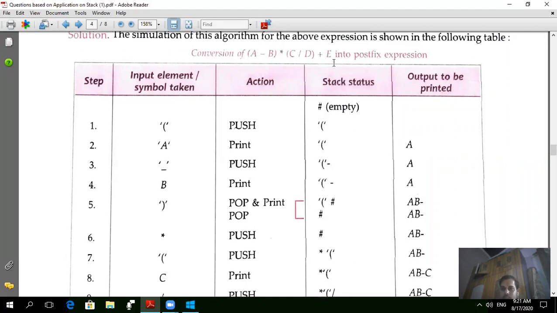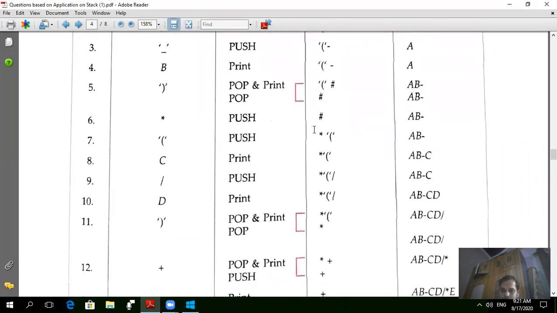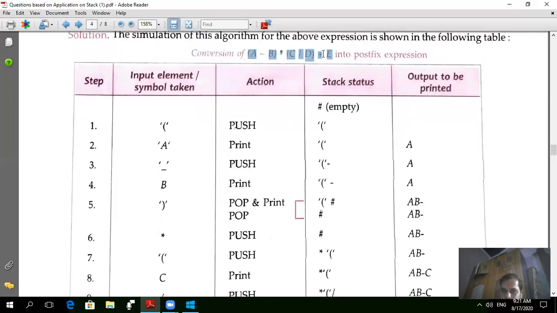Now you have to take a rough copy and write this question in your rough copy, because when I scroll the screen down the question will disappear. Please note this question in your rough copy.